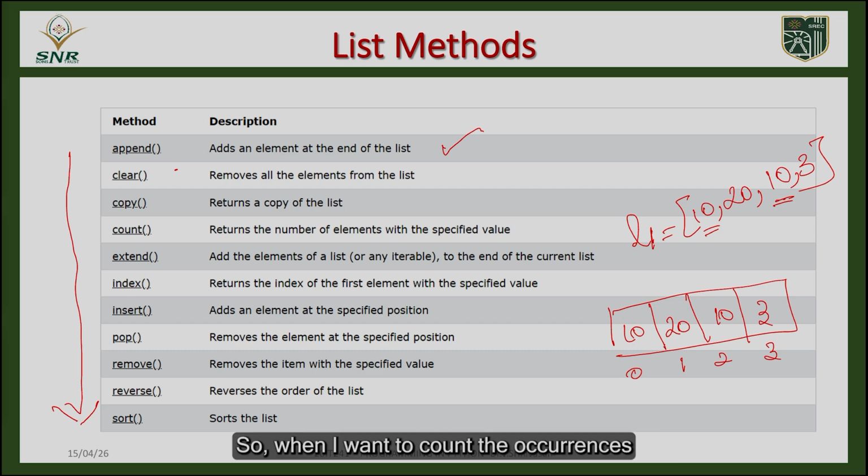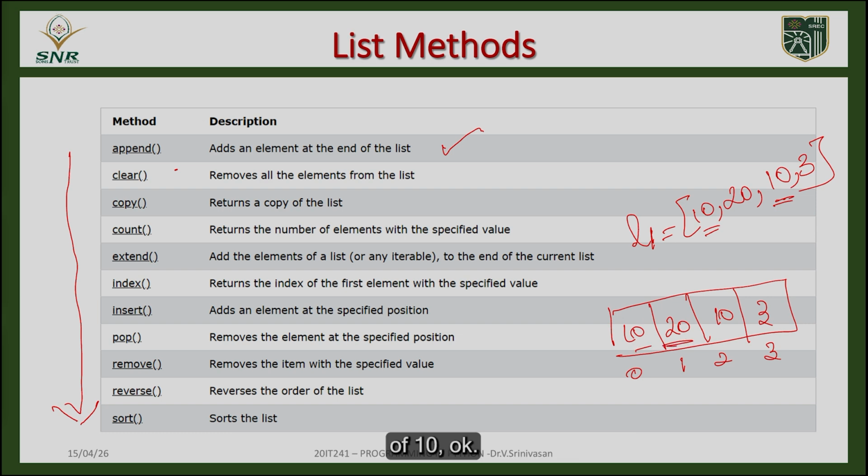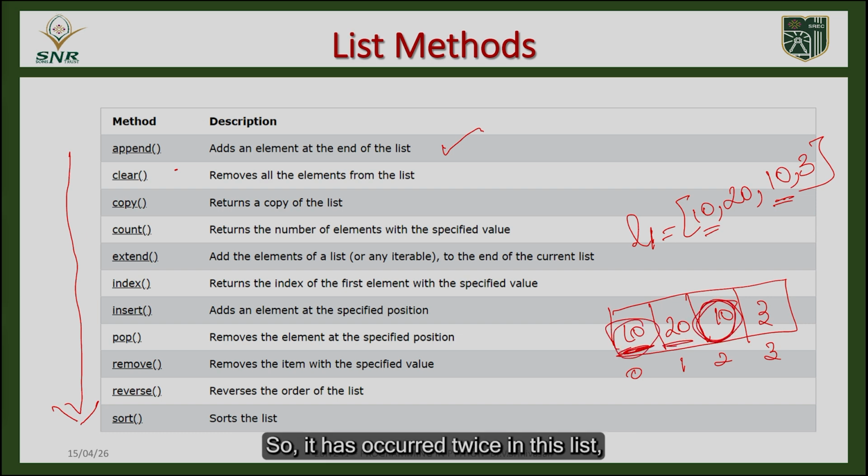When I want to count the occurrences of 10, it has occurred twice in this list. Of course this list has only four values, so it is easy for us to count manually. But considering a large list, which holds more values, it becomes a hectic task to count manually.